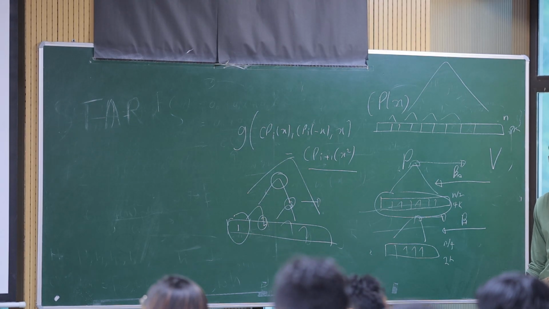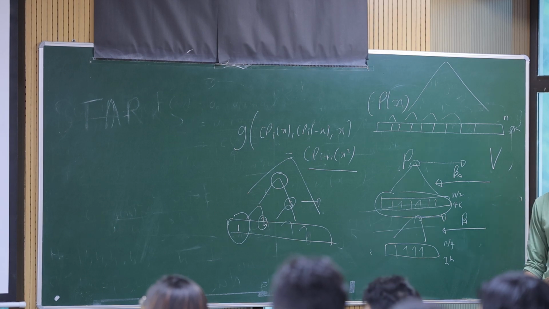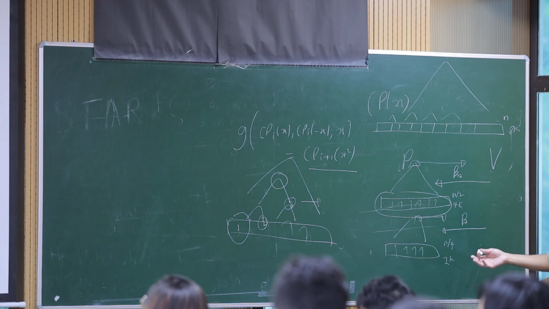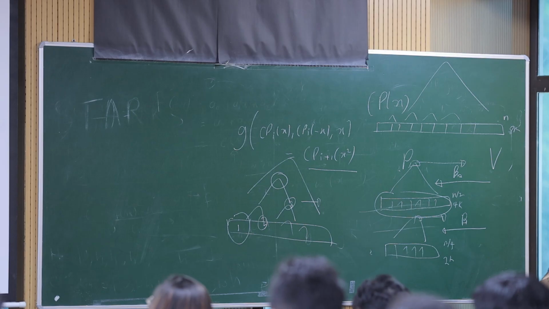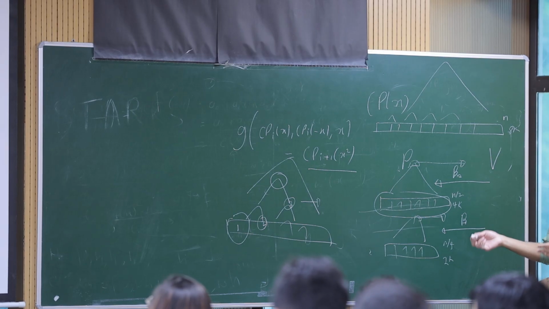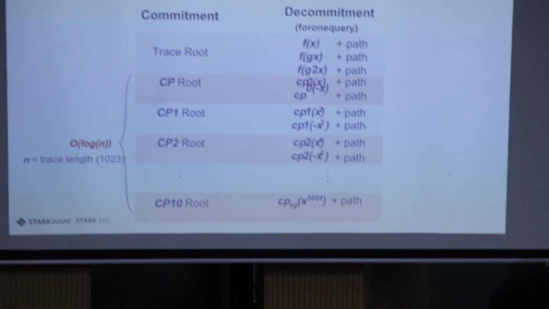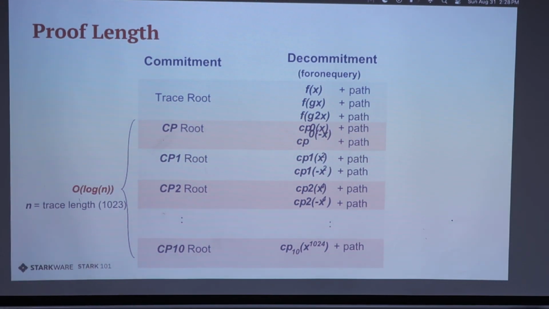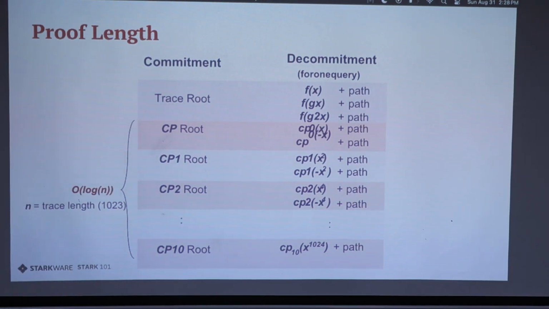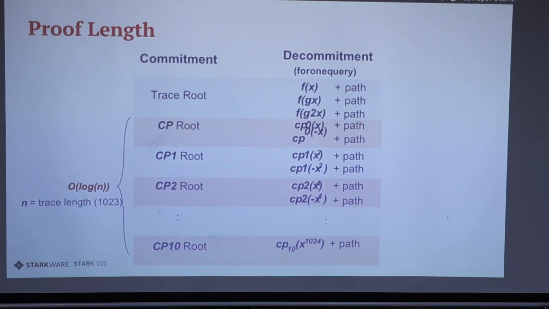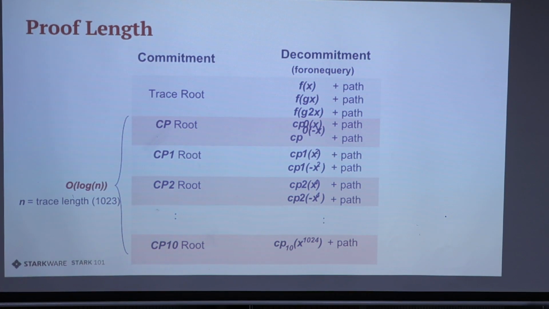The prover has given the trace root, the CP root of all CPIs, and then it's given f of x, f of g of x, f of g squared of x, and the path of all of them, so that we can prove the Merkle tree. Cp0 of minus x, Cp0 of plus x, and the path, and so on and so forth until we get to the end. We get a constant polynomial.